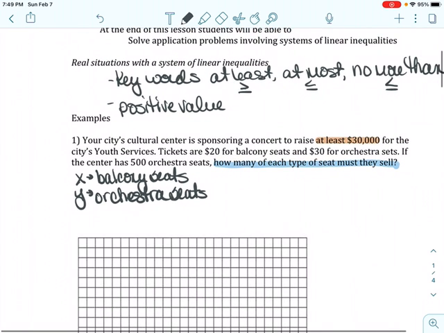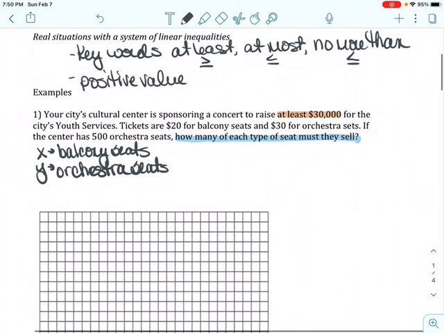Okay, now, here's the thing when you do these. You want to look at what's the at least or at most, because that's going to dictate who goes in the equation together. So here, this is money. So at least 30,000 is greater than or equal to 30,000.